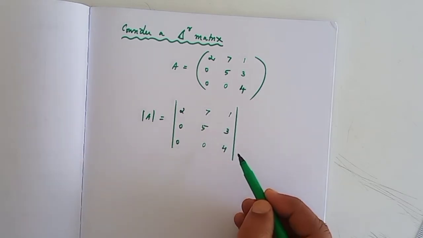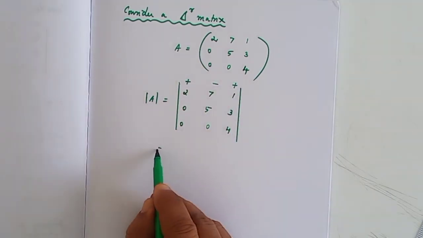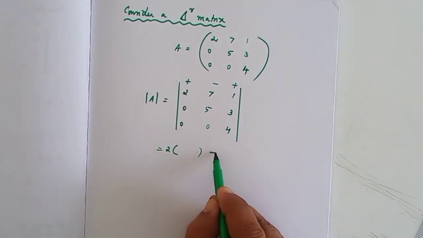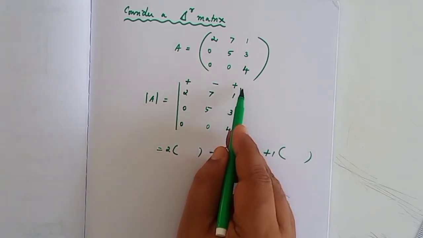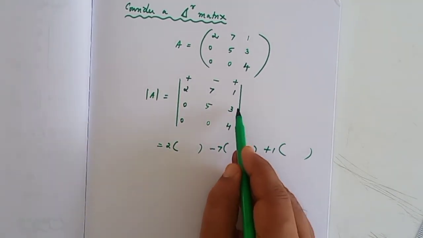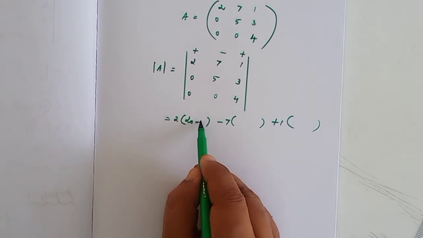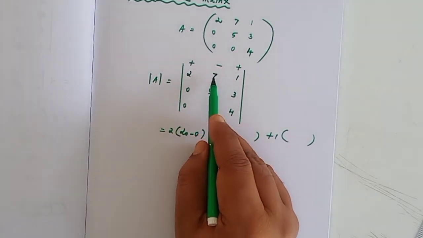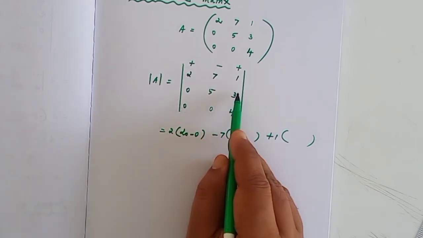2 7 1, 0 5 3, 0 0 4. We can expand along R1, plus minus plus as usual: 2 into, minus 7 into, plus 1 into. Here leave this column and row, we have these 4 elements, 5 4s are 20 minus 0. Next leave the second column and first row, we have 4 into 0, 0 minus 0.